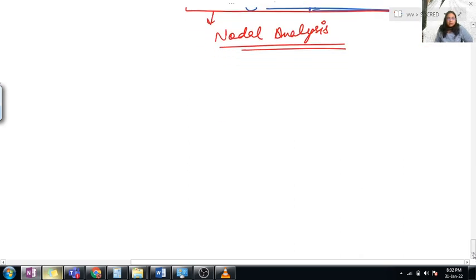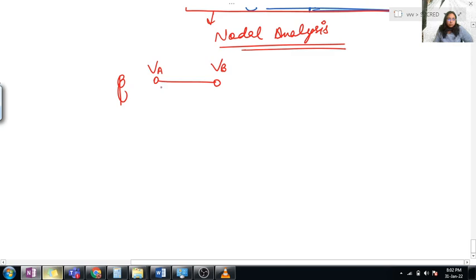For this I'll first tell you the general thing. Suppose this is your wire, a plain wire, with no element connected between this point and this point. Suppose at this point the potential is VA and at this point the potential is VB.